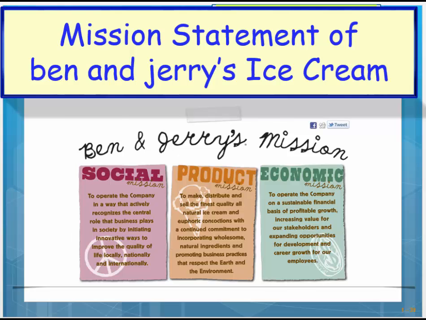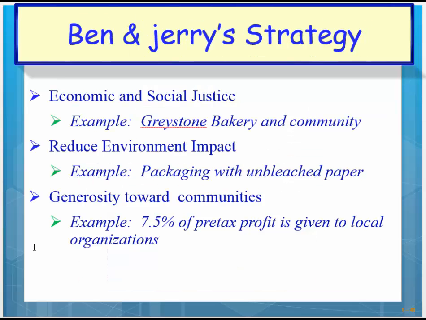So with that, they then push this down to their functional areas. Here we have some related ideas. We have the economic and social justice. An example is the Greystone Bakery.